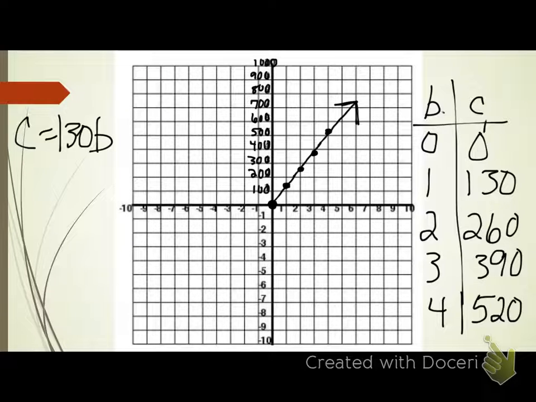So, if I went up 1/4 of 130, 1/4 of 130 is 32.5.